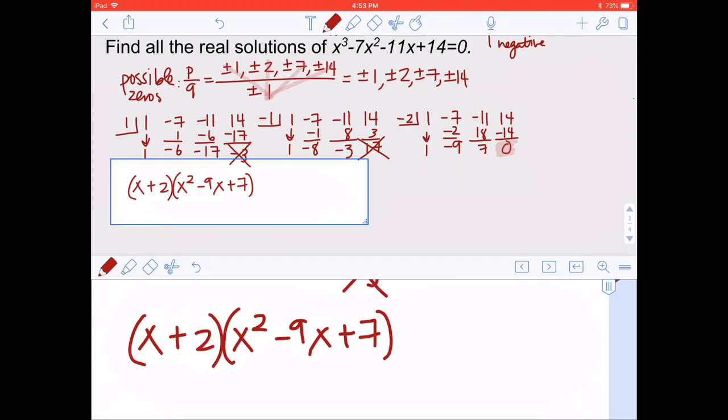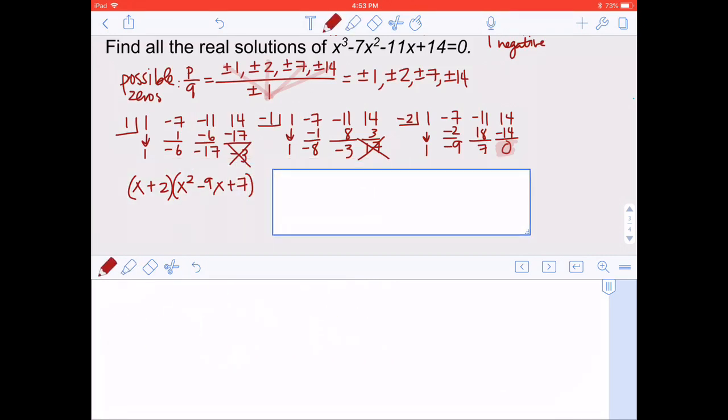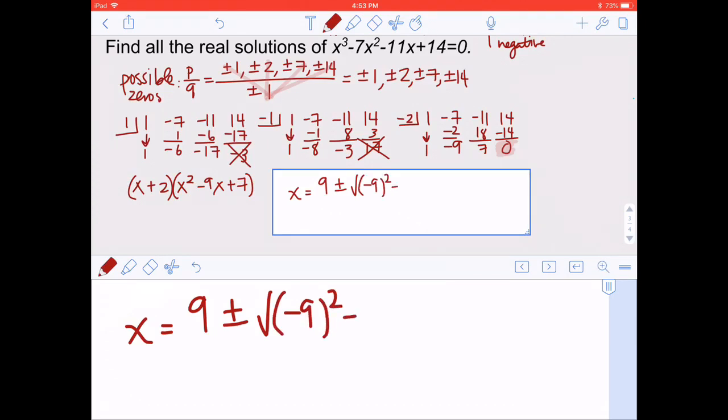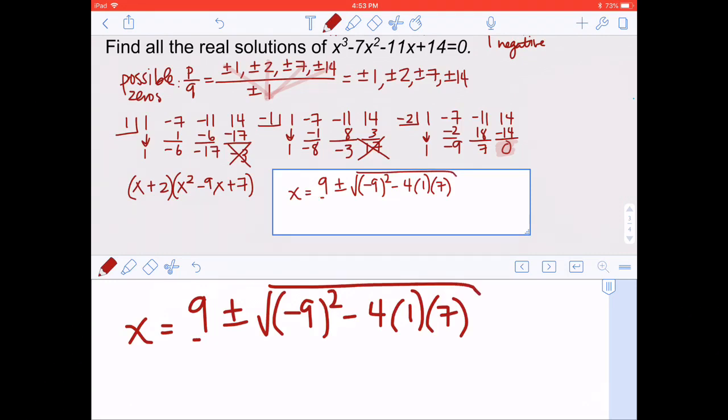This is not going to be factorable. I can already see here the only factors of 7 are 1 and 7, and there's no way of getting 1 and 7 to add up to negative 9. So I'm just going to use the quadratic formula right away. And I know x is going to equal the opposite of b plus or minus the square root of b squared minus 4ac, all over 2a.